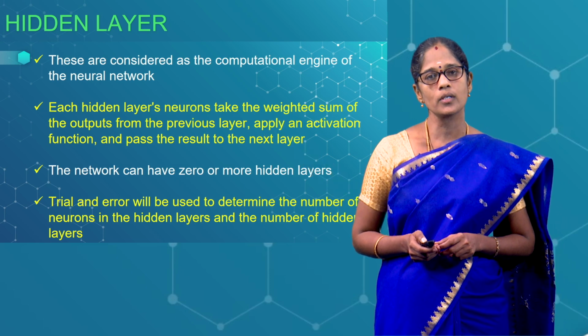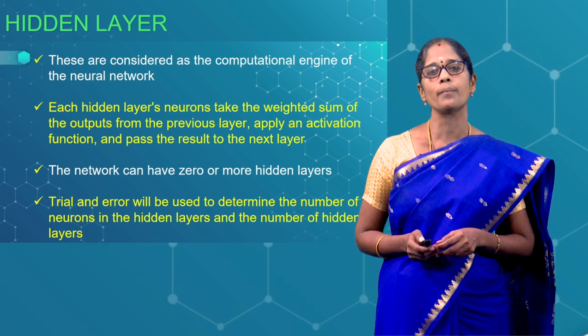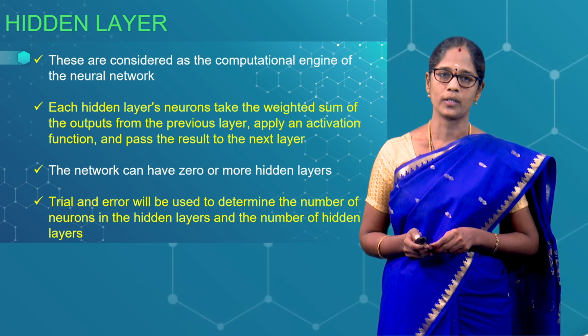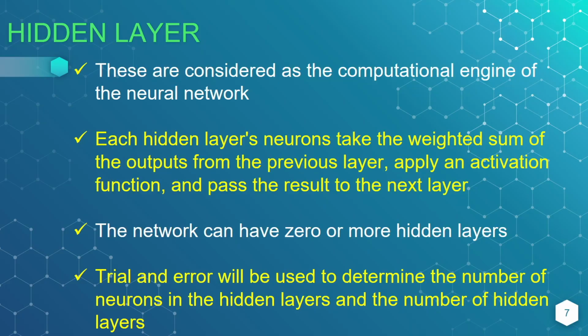These activation functions introduce non-linearity in the network, and we can pass these results to the next layer. The network can have zero or more hidden layers; it depends upon the problem.